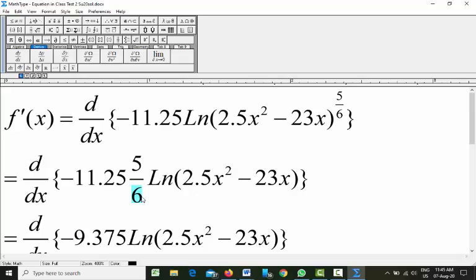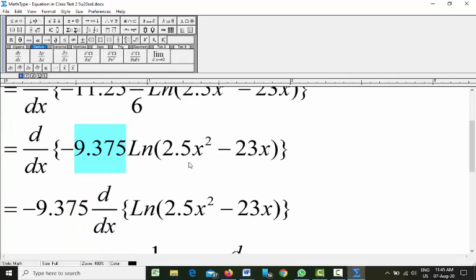So if you do that, you will get 9.375. Let's do it: 11.25 multiplied by 5 divided by 6. So we get 9.375, so minus 9.375, and then this one.